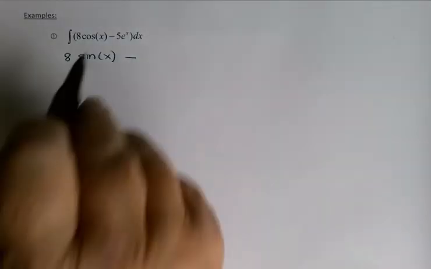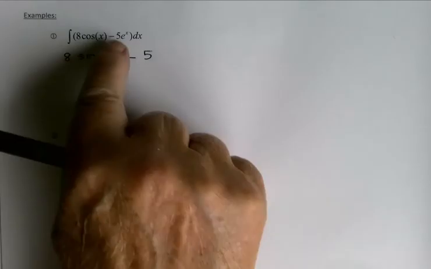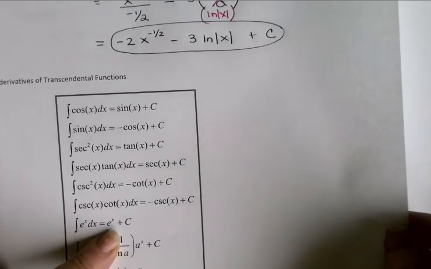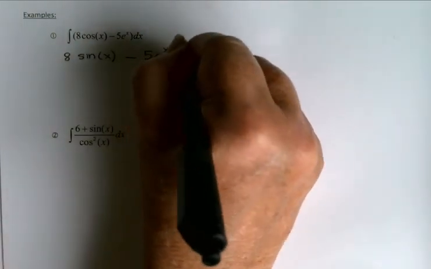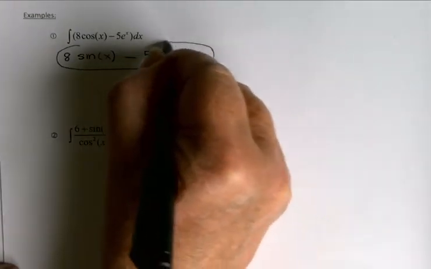I'm then subtracting, and again I have a constant multiplier of 5, and then the antiderivative of e to the x, that's an easy one to remember, it's just e to the x, right? I'll add my constant of integration, and I'm done.